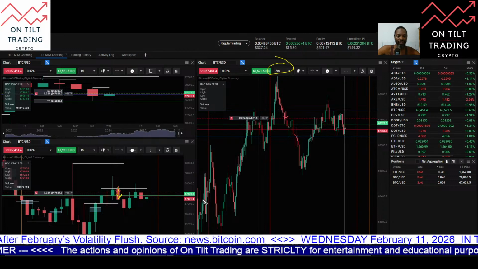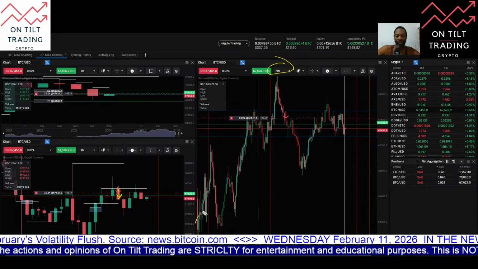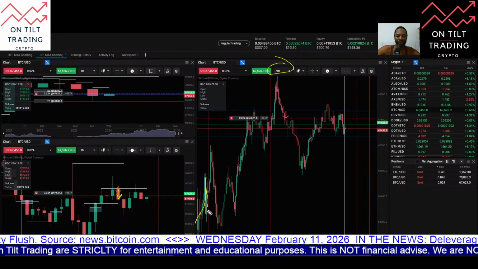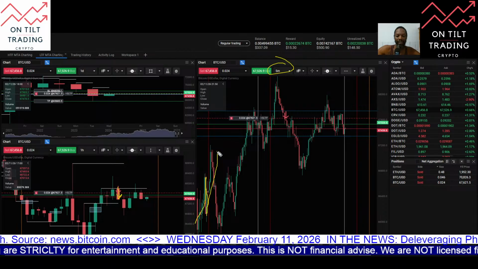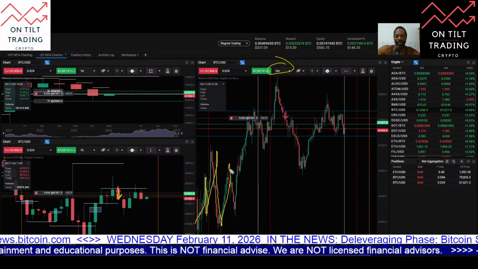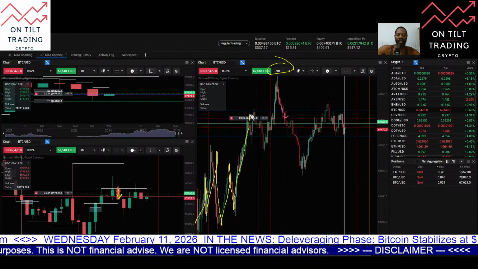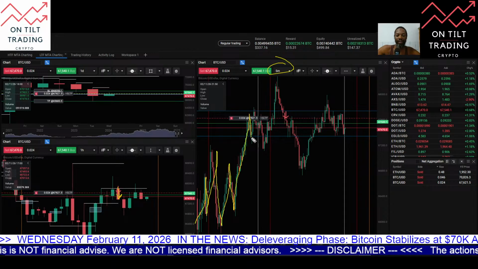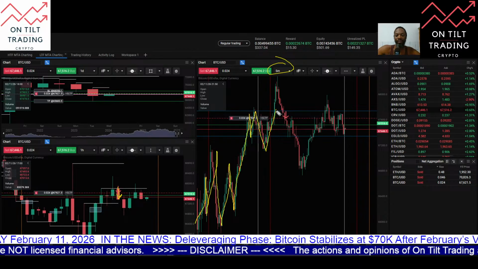So this is the price action here on the 5-minute chart, putting in higher high, higher low, higher high, a lower low, lower high, higher low, higher high, higher low, higher high, lower low, higher high.